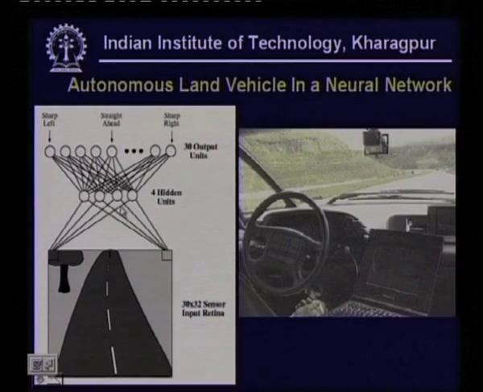These pixels are fed to a neural network which has 4 hidden units, and the output tells the computer, the processor, which way to turn the wheel and decide the speed and so on.